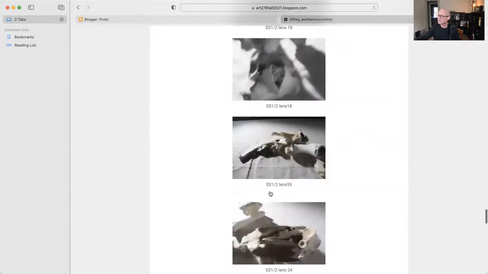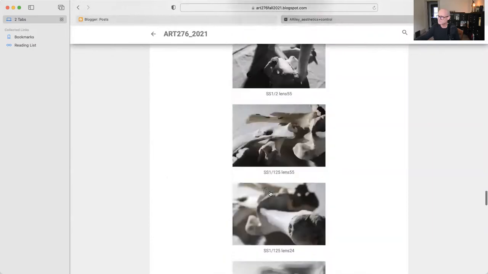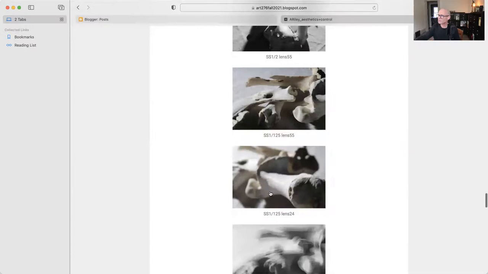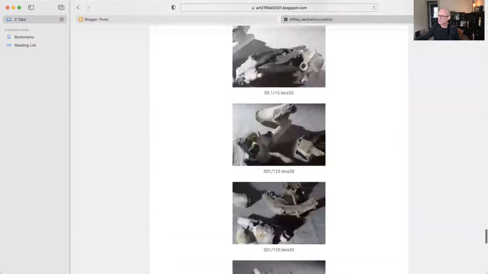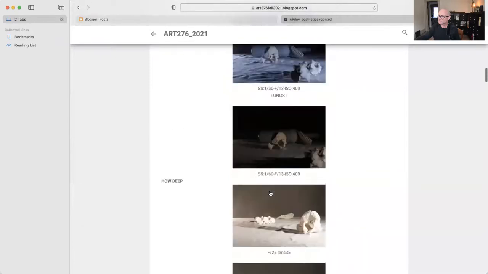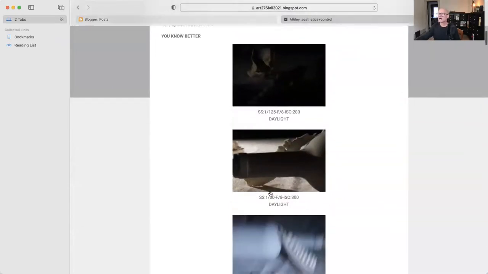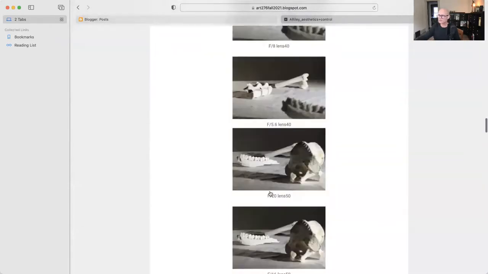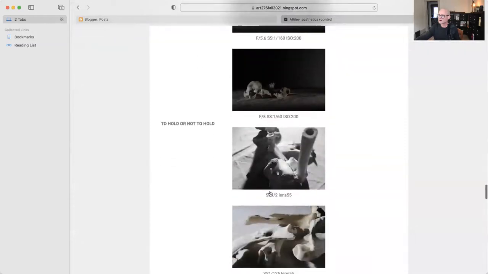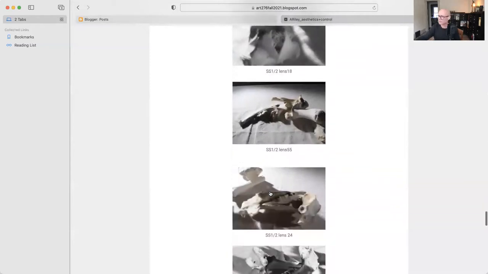And it looks like you have to hold or not to hold toward the end there, and then you put your you know better first. But I'm going to start off down here with the hold or not to hold, just because that is the first one that we were looking at.